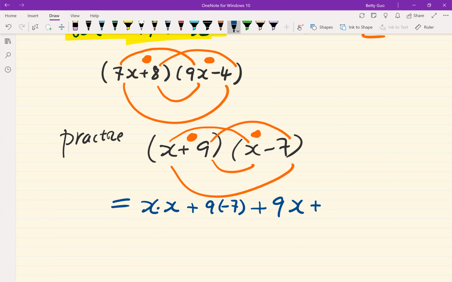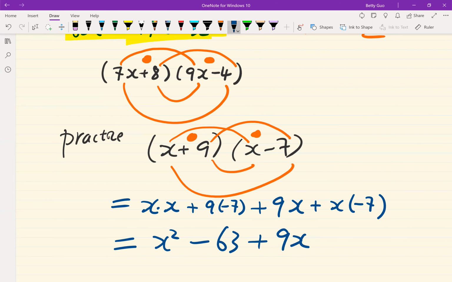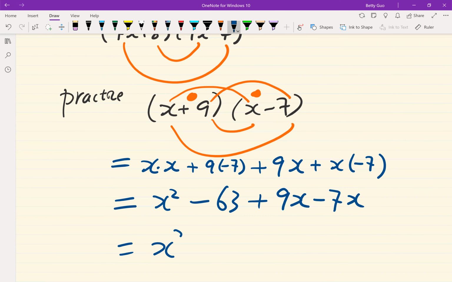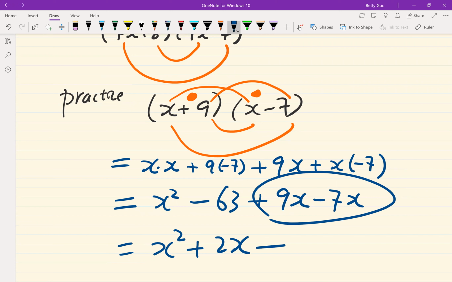X times -7. I will simplify next. X times x, x squared. 9 times -7, -63. Bring down 9x. X times -7 is -7x. So you have x squared, 9x minus 7x gives you 2x, and minus 63.